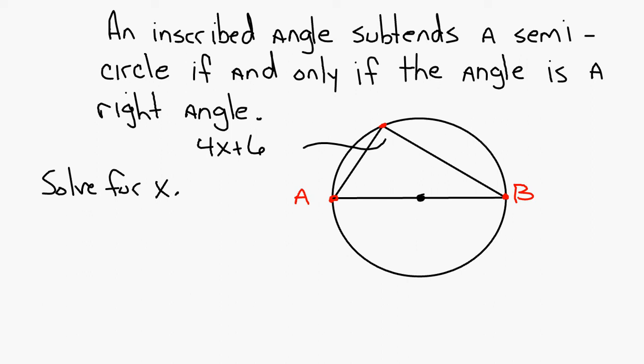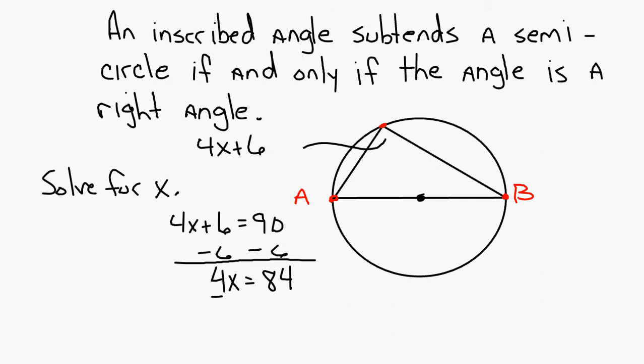Okay? But you'll know by definition that since this inscribed angle intercepts a semicircle, that angle is equal to 90 degrees. So 4x plus 6 is equal to 90 degrees. So you can subtract 6. Your 4x is equal to 84. Divide by 4. And x equals, I'm going to guess, 21.